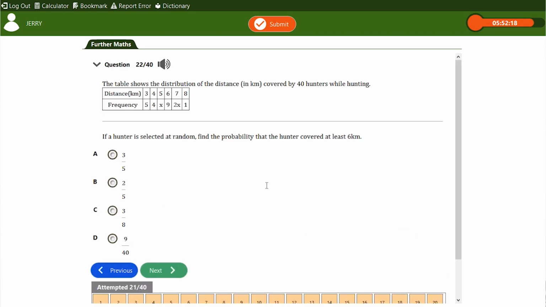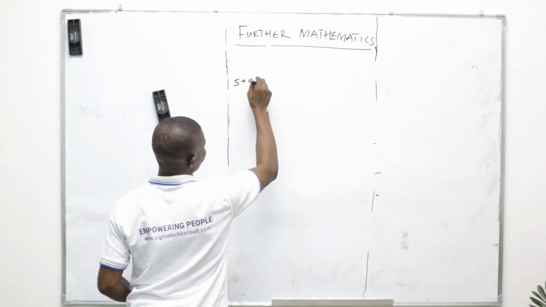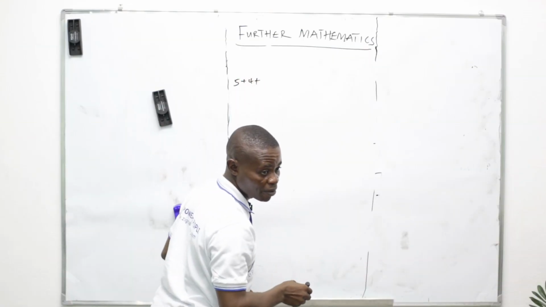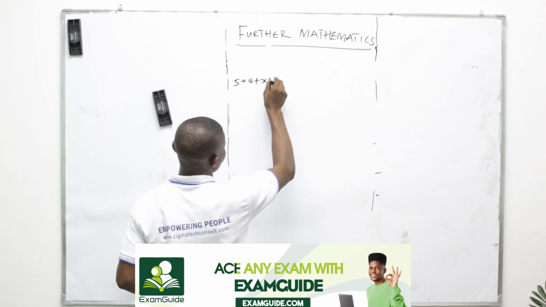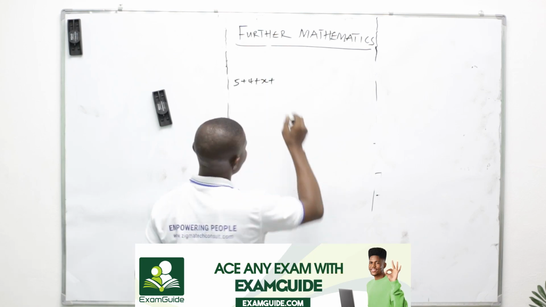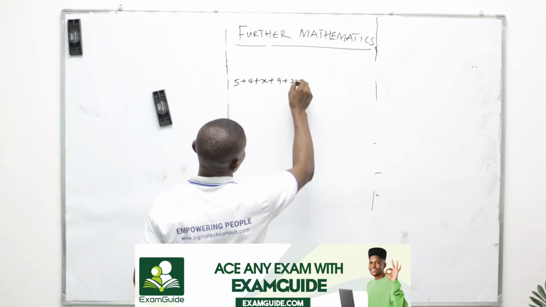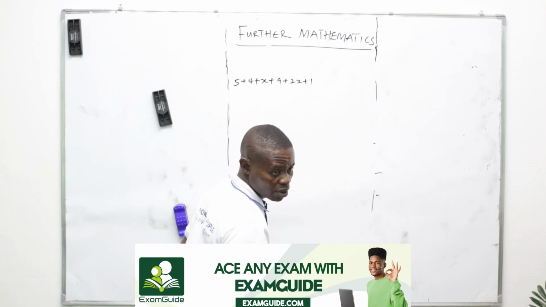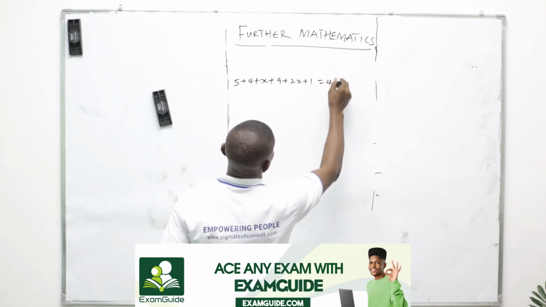Okay. If 40 hunters were here, probably it will mean that the frequency, we're going to have that 5 plus 4, which is summation f, plus s plus 9 plus 2s plus 1 equals how many hunters? 40.